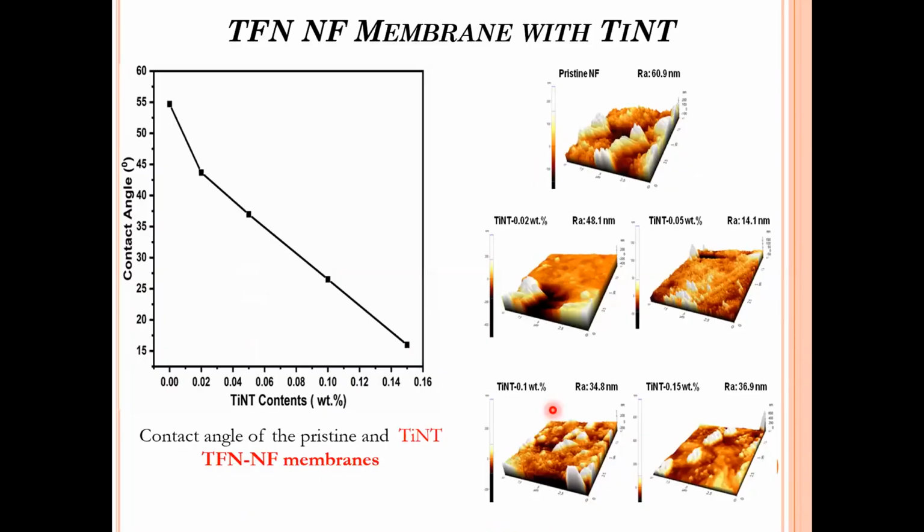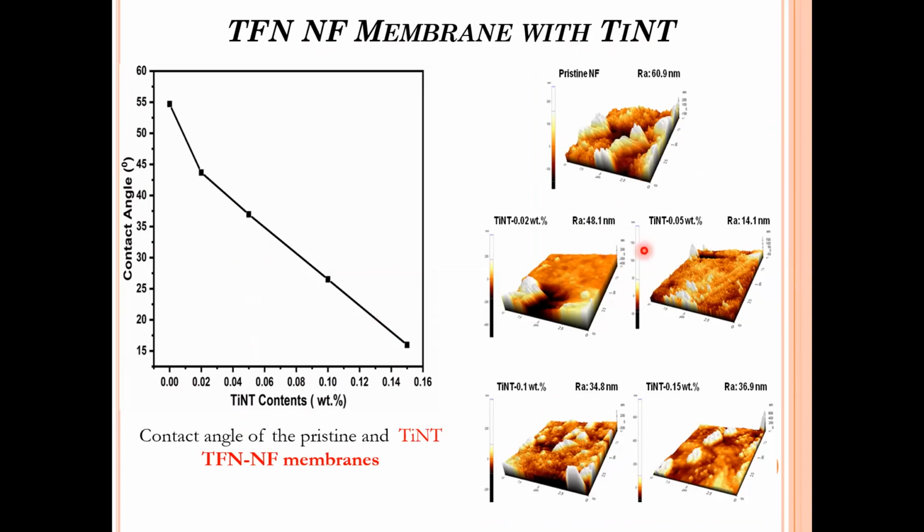Coming to the results of the TFN nanofiltration membrane with the addition of TNT nanotubes, I'm highlighting only the major results here. We measured the contact angle. With the increase in TNT content, the contact angle is reducing, so it induces a hydrophilic nature on the membrane surface.